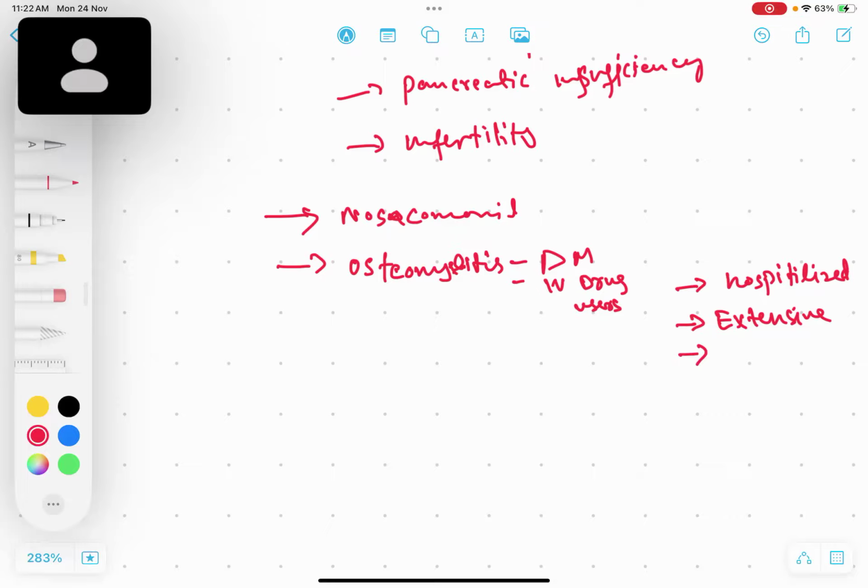Patients who have chronic respiratory diseases, for example, cystic fibrosis, right? It's one of the important risk factors. And also those persons who are immunosuppressed, with neutrophil count less than 500.